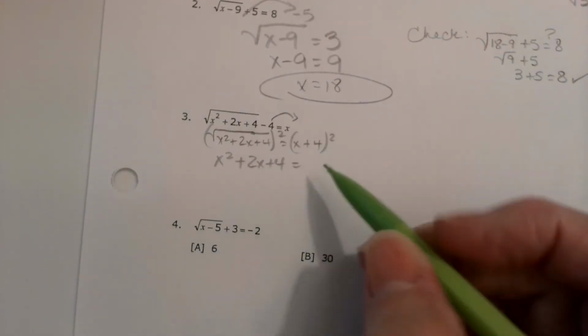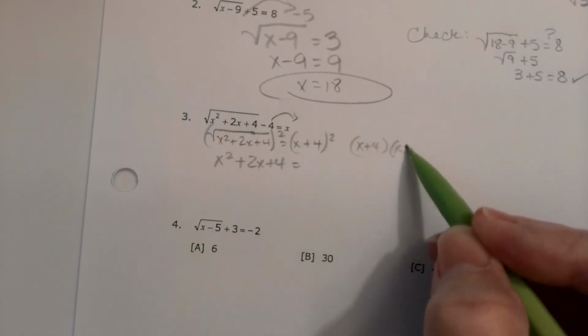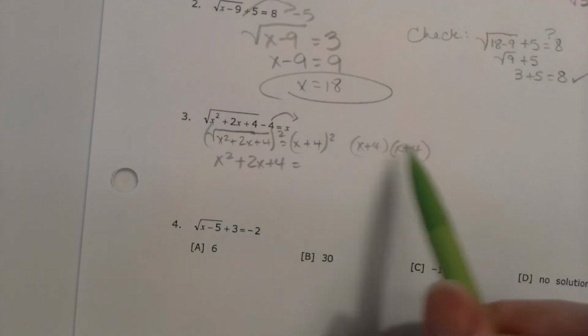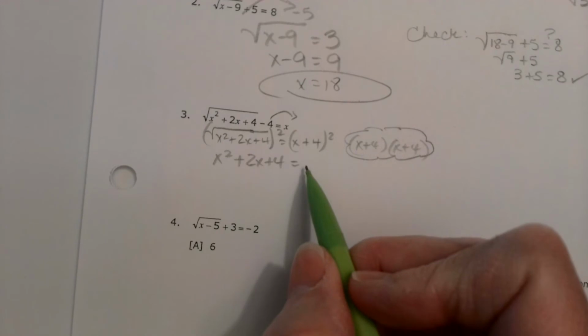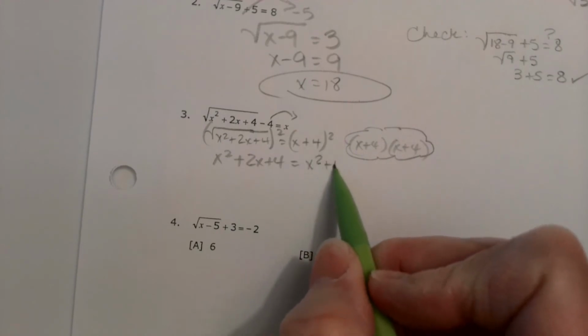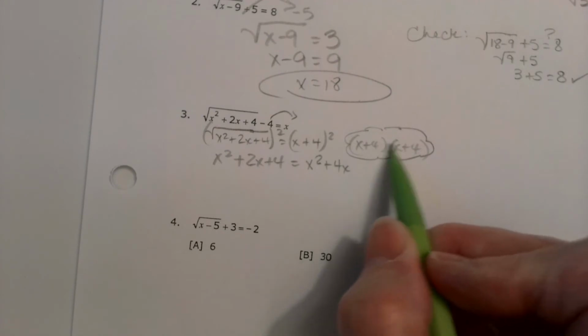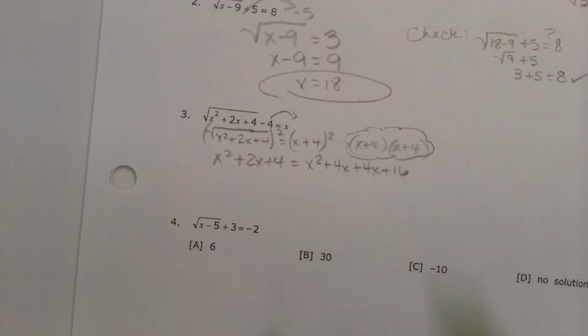But over here, this is x plus 4 times x plus 4. It's not x squared plus 16. You have to do FOIL, okay? So that's what you need to be thinking about. So this is x squared plus 4x. That's first, outside. And you're going to do inside, last, plus 4x plus 16.